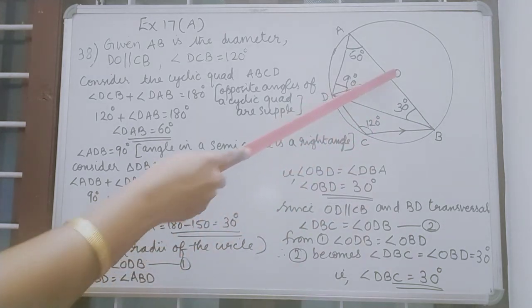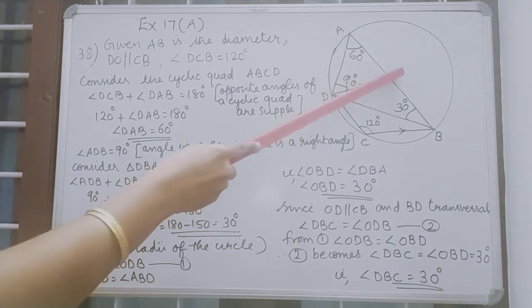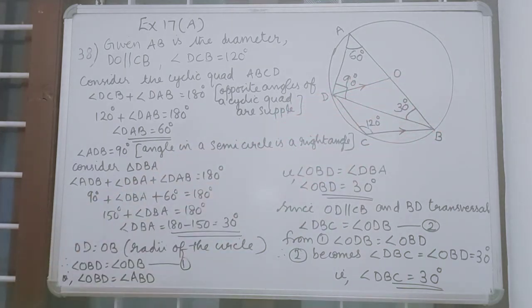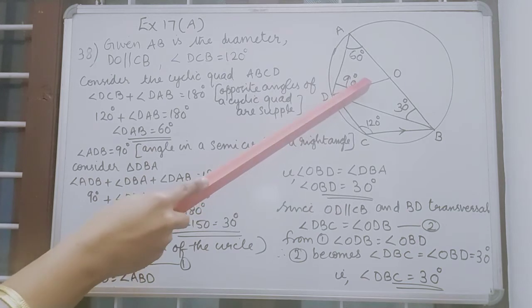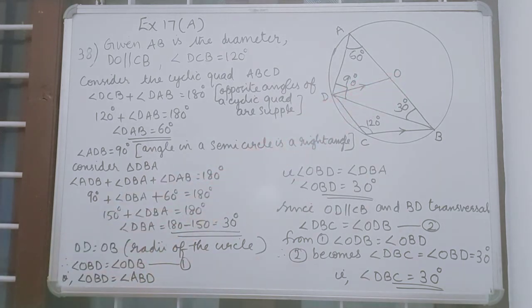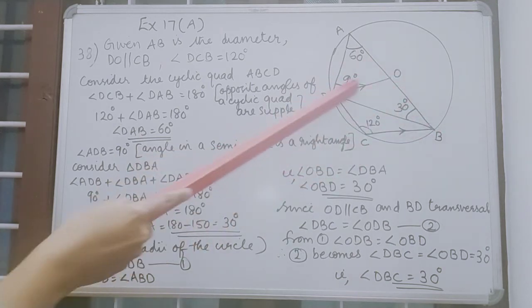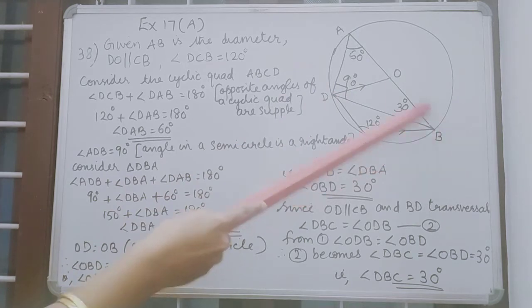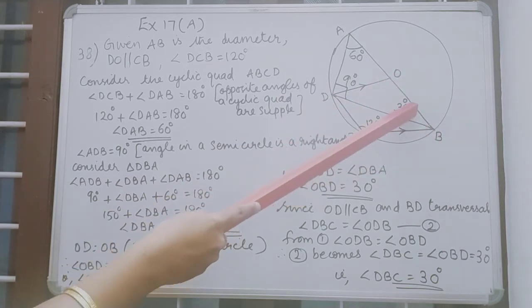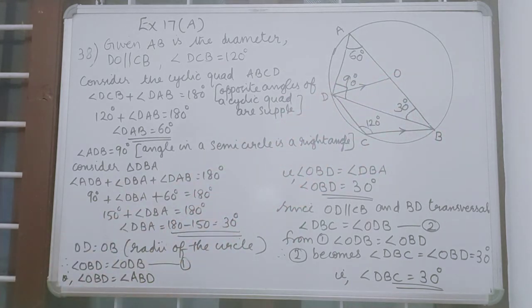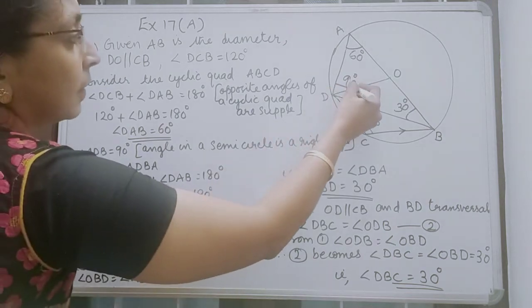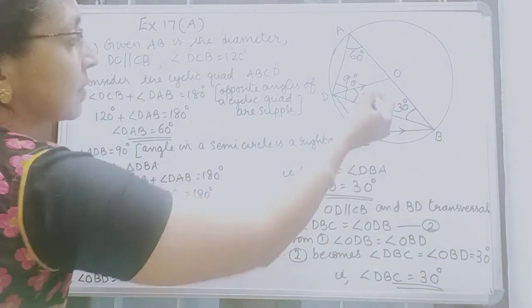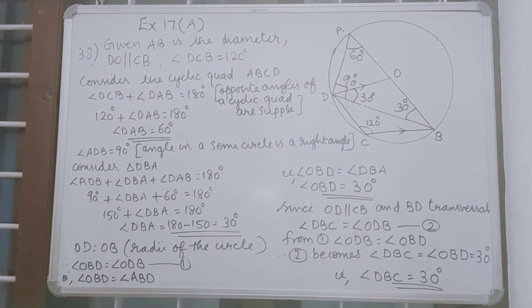Since OD and OB are the radius, angles opposite to those sides will be equal. So OBD will be equal to ODB. So OBD we got as 30 degree. So what about this angle? This angle will be 30 degree since those two angles are equal.